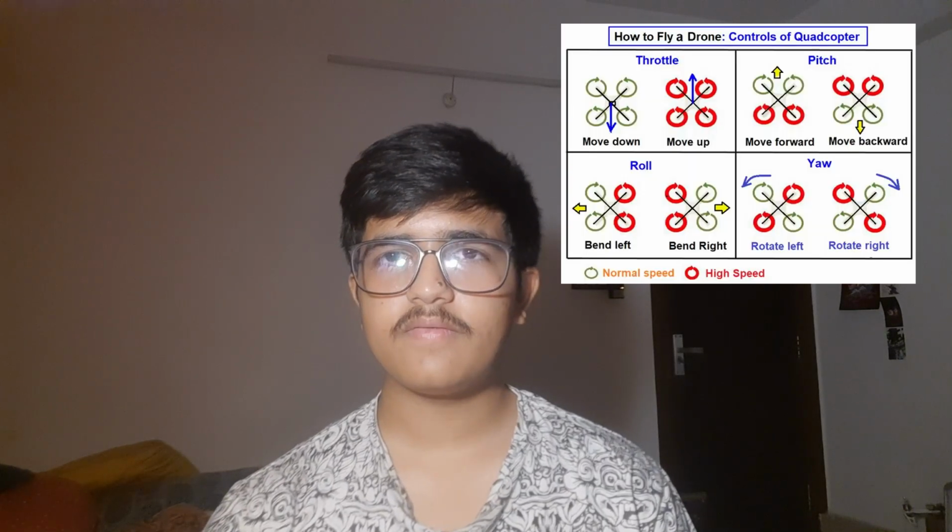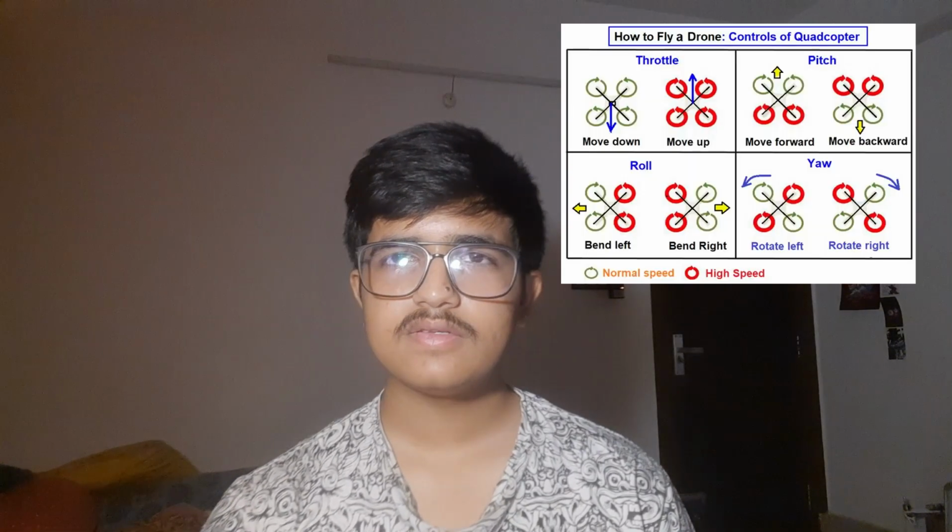So how do you make the drone move? It's quite simple. We basically use differential thrust. Just imagine you need to make your drone go forwards. You increase the thrust of the rotors behind so that the drone tilts forward.